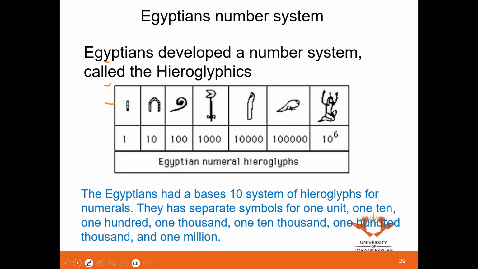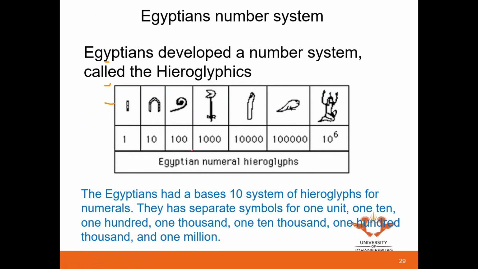So you've got things like a finger, a tadpole, a little goddess, a flower, an N, an I, and a spiral. The only difference is that it keeps going, but it will only go up until millions. It doesn't have a billion, for example, because millions is the biggest number that they have.